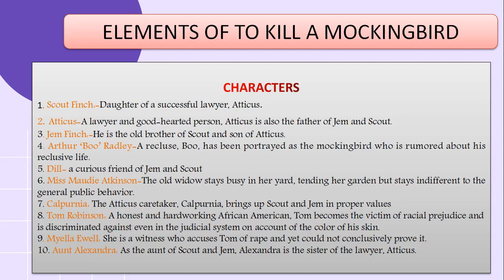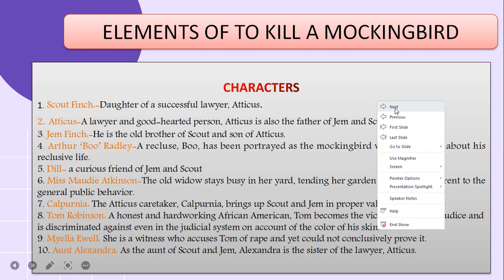The tenth character is Aunt Alexandra. As the aunt of Scout, Alexandra is the sister of lawyer Atticus. She tries to educate Calpurnia about treating and bringing up the children in a proper manner. These are the main characters in the novel To Kill a Mockingbird.